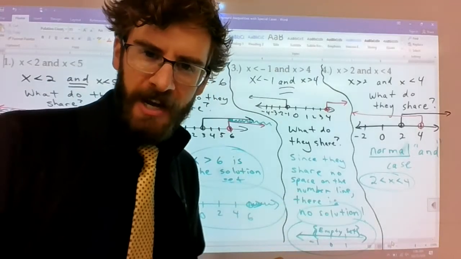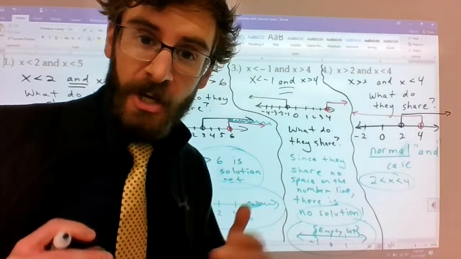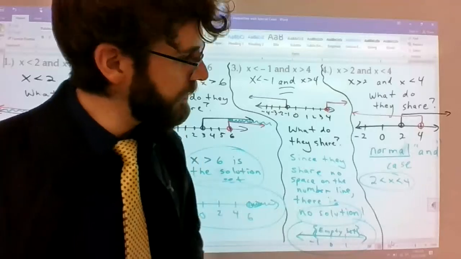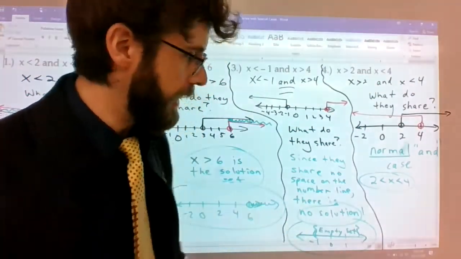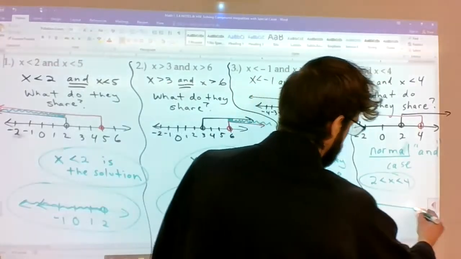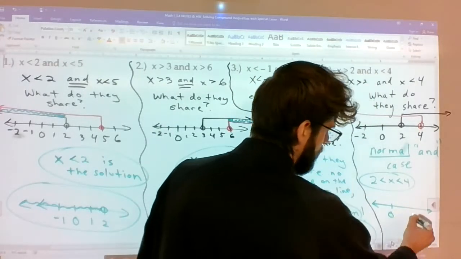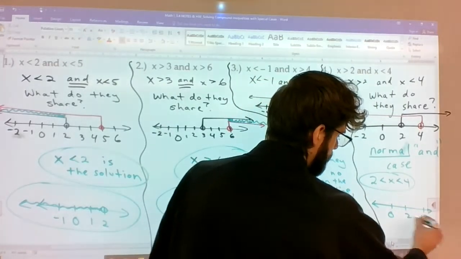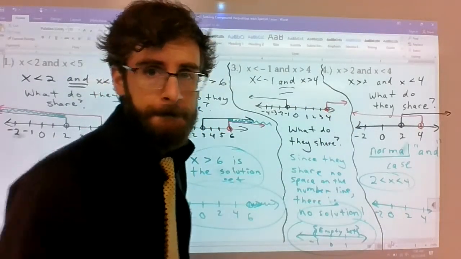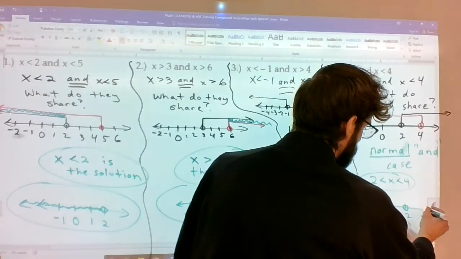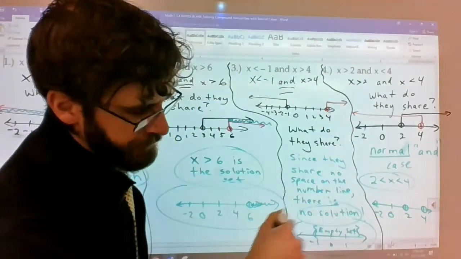Because remember when I show you guys how to make a connected solution at the end? You can do it with any and situation. And then you would graph in between them. So you're going to graph a new number line. Put open circles at 2 and 4. And then shade between them.